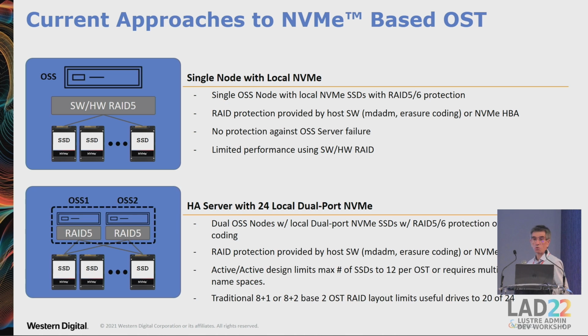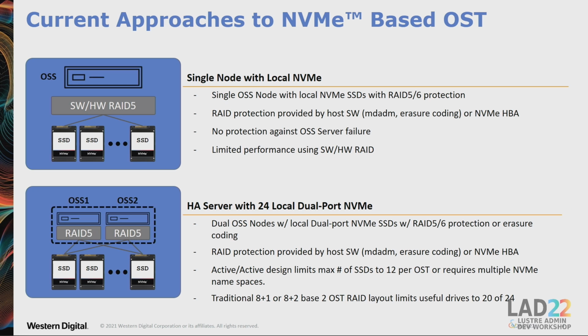You also have the possibility to use a 2U server with dual node and 24 NVMe devices. This time you can create 2 RAID groups, RAID 5. This is a much better solution from a failure standpoint. But again, with that solution, you have a limited number of SSDs to address.